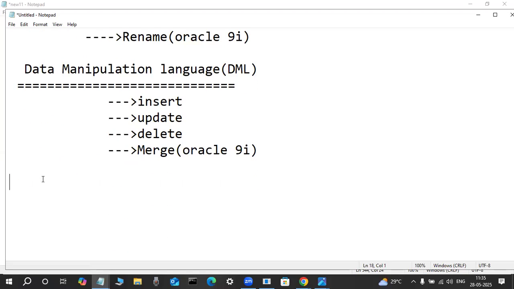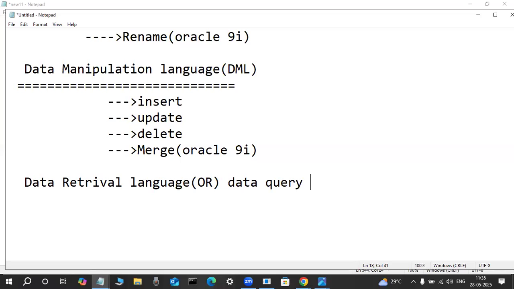Again, another one is data retrieval language, or this is also called data query language.